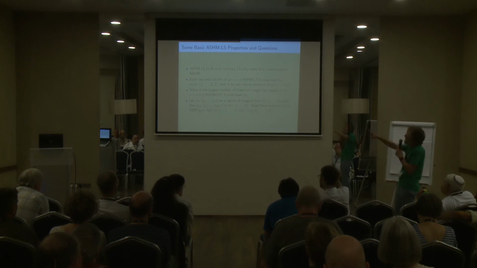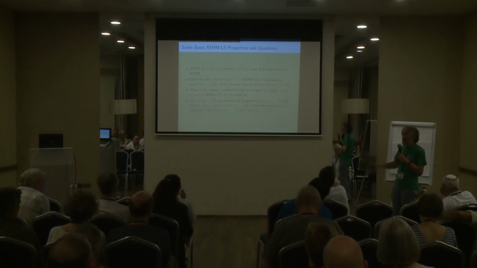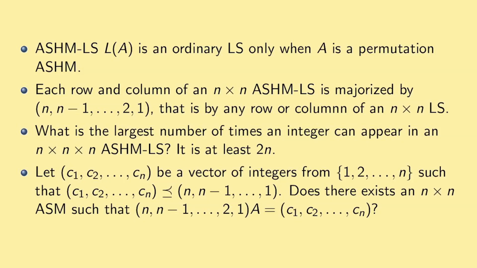We have examples where you get 2n of some entry. We don't know, well, we think that might be the maximum, but we really don't know. And the second question concerns that majorization there, okay? Whether or not you can get any vector that's majorized by this n, n minus 1, up to 1 by this property here.